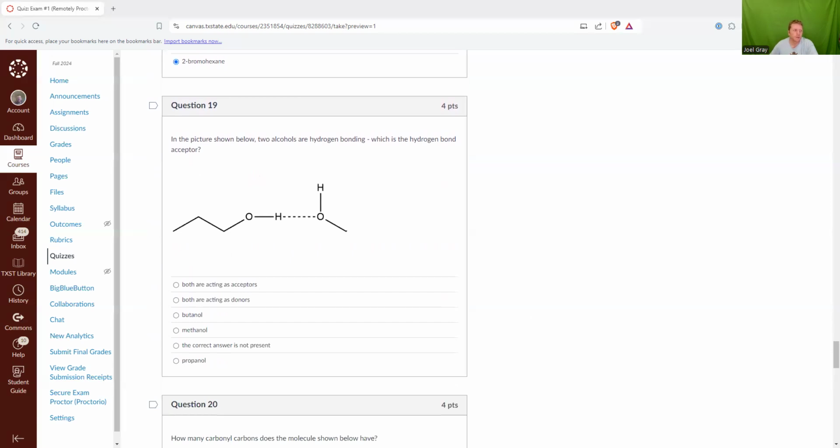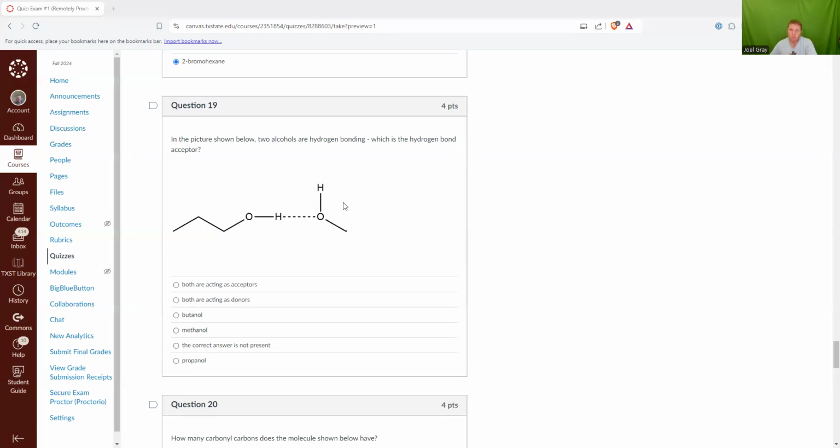All right. Now in the picture shown on question number 19, 2 alcohols are hydrogen bonding. Which is the hydrogen bond acceptor? So the acceptor of the hydrogen bond is the atom that is not hydrogen. So we've got both are acting as acceptors. Both are acting as donors. Butanol, methanol, the answer is not present, or propanol.